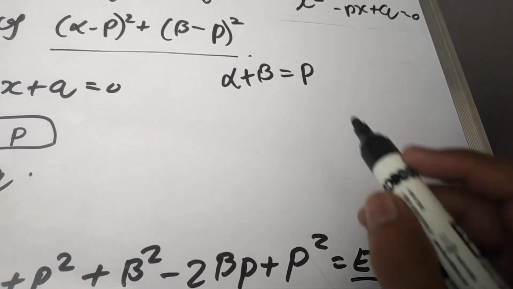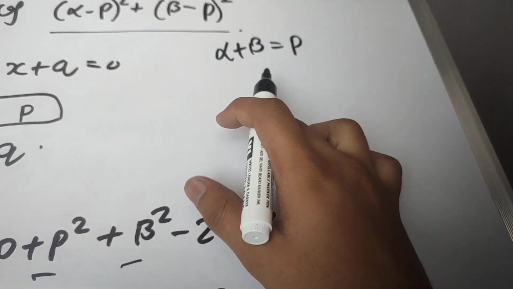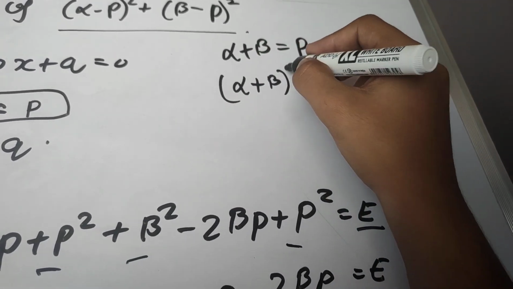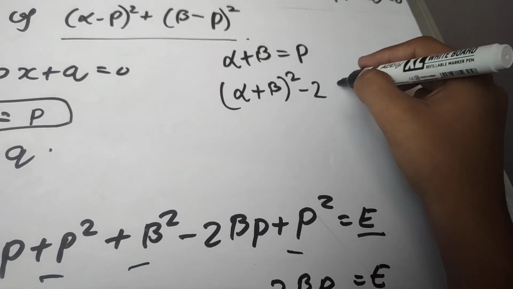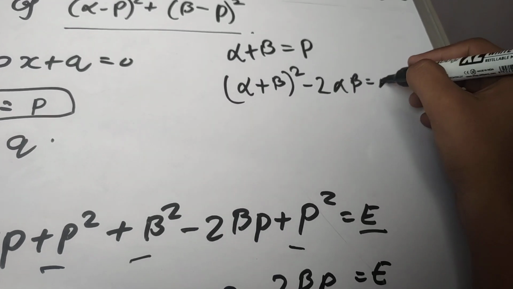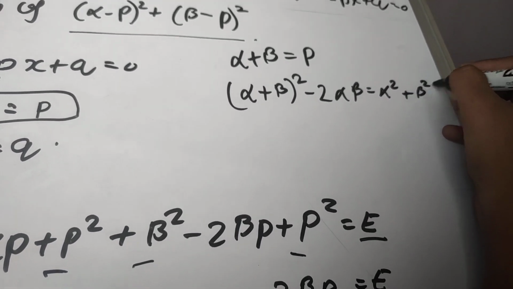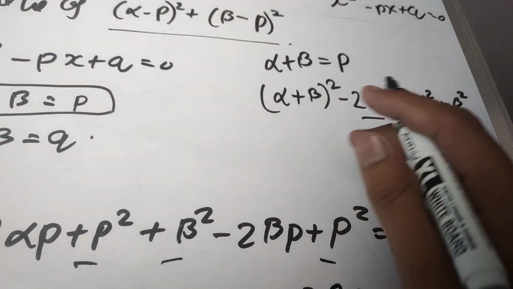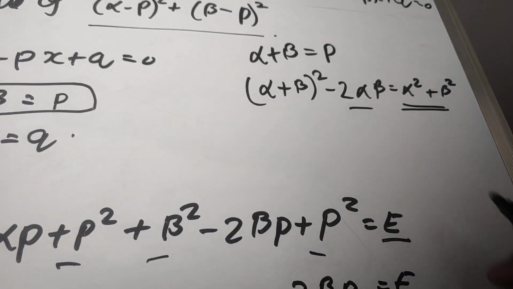This is a very important identity which I'm going to tell you: alpha plus beta whole square minus 2 alpha beta is equal to alpha square plus beta square. This is very important, and it is used in most of the sums of JEE Mains and Advanced level.